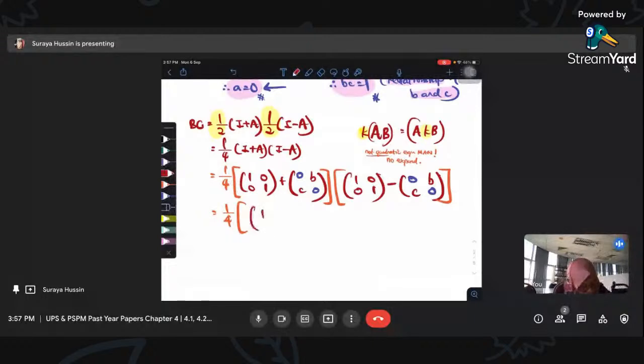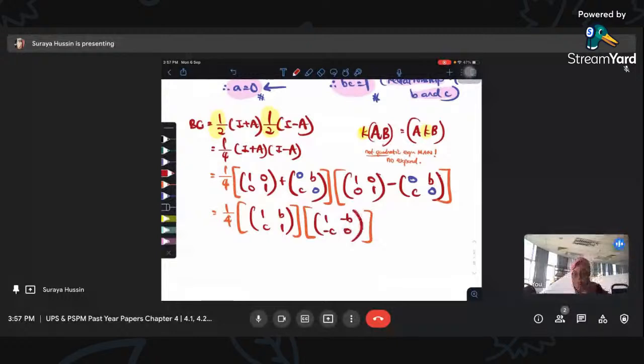So 1 here, the B here, the C here, 1 there. Close the bracket. And another bracket would be 1, negative B, negative C, 0.